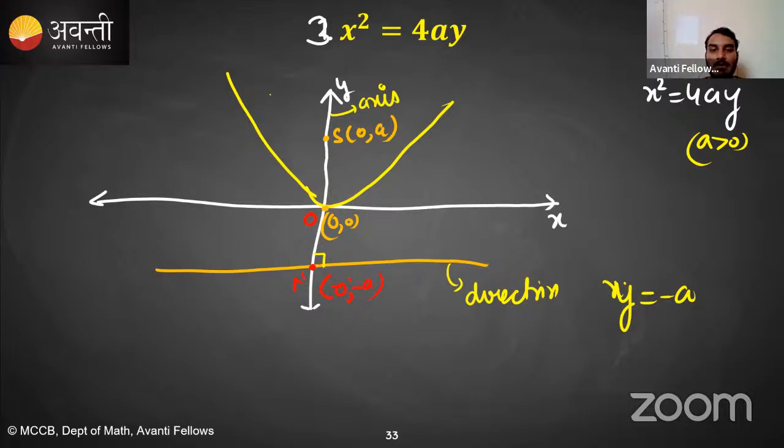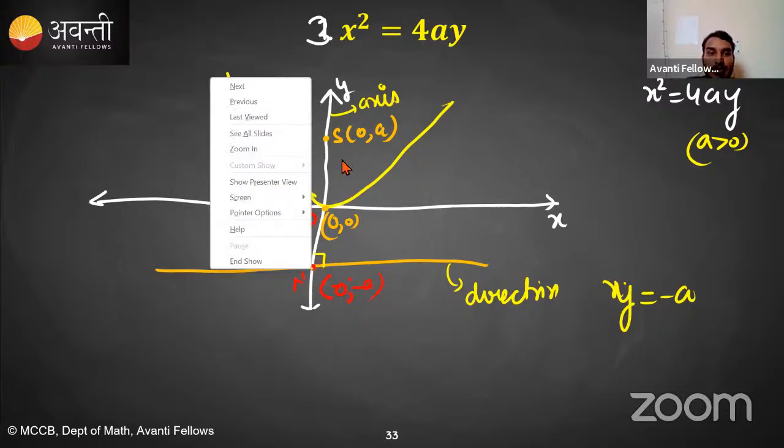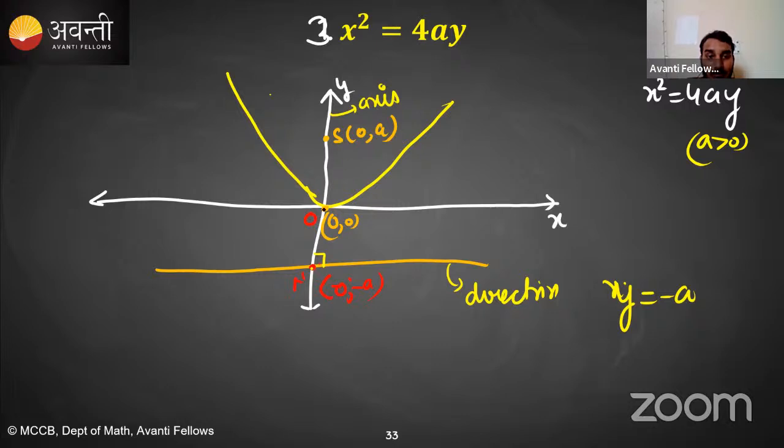And second, the directrix is always perpendicular to the axis of symmetry. The axis of symmetry is the y axis, so the directrix will be perpendicular to the y axis, meaning a line parallel to the x axis, so y equal to some number. But the foot of the perpendicular of the directrix on the axis, this point N, and the focus S, the vertex should be the midpoint. So obviously N should be (0, -a). Any line passing through (0, -a) and parallel to the x axis is nothing but y equal to -a only. So the directrix is y equal to -a.